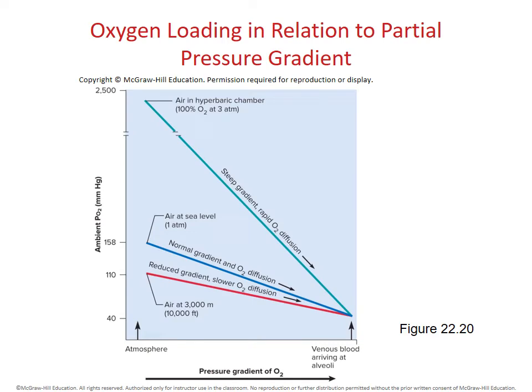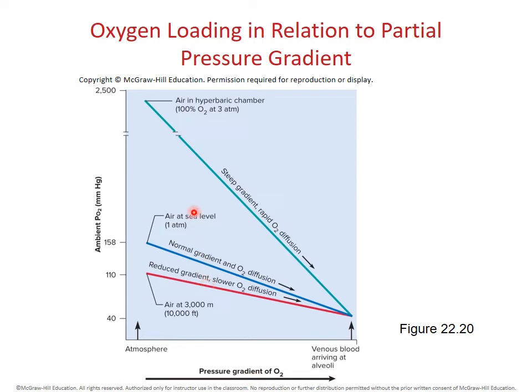All right, and here we see again that the amount of diffusion of a gas is dependent on the partial pressure gradient, which can be thought of again as a concentration gradient. And so here we have an increase in the pressure gradient of O2, right?